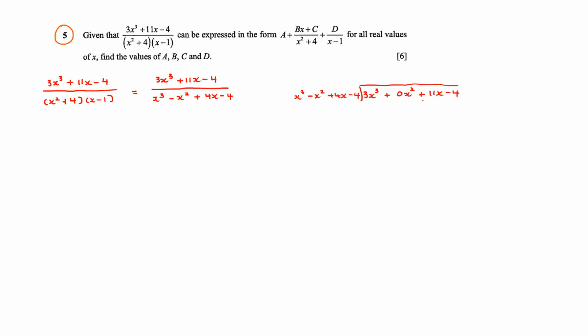Okay, then I have to ask myself, what is that number up there in the quotient that when I multiply by x cubed, I will have 3x cubed? I always would want to eliminate the first term inside the dividend. Dividend is a number within the division sign, okay? And that is 3. 3 is a constant.